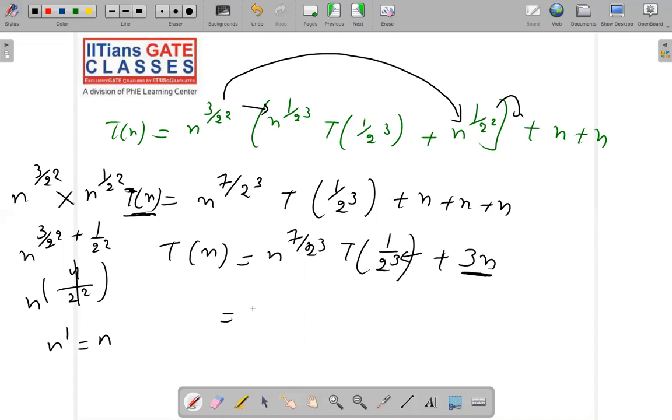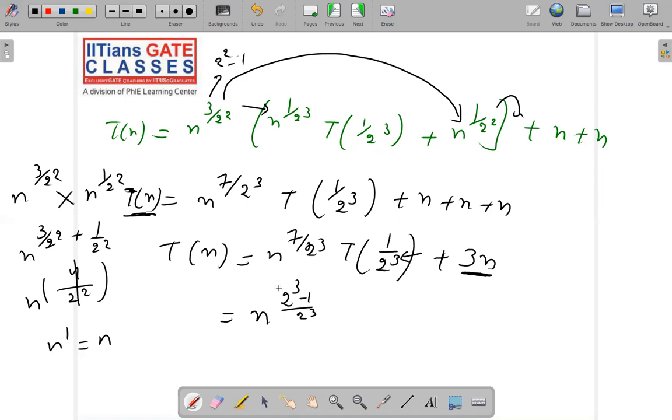Okay. Let me normalize more. It's n instead of 7, we can write it like 2 raised to power 3 minus 1. Okay, here 3 also can be written as 2 raised to power 2 minus 1. So here we can write it 2 raised to power 3 minus 1, 2 raised to power 3.